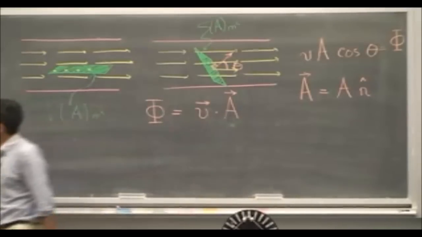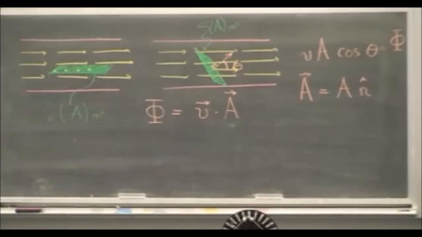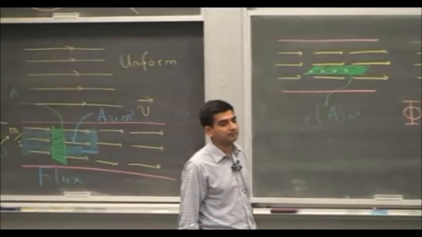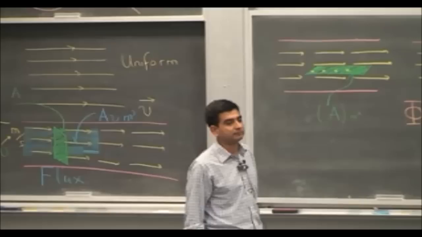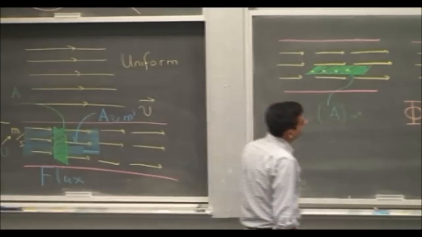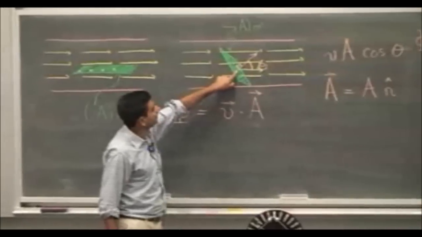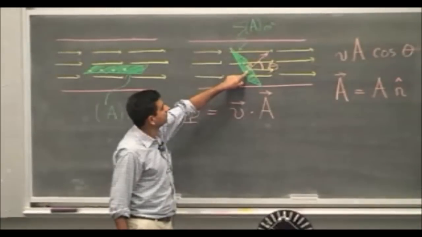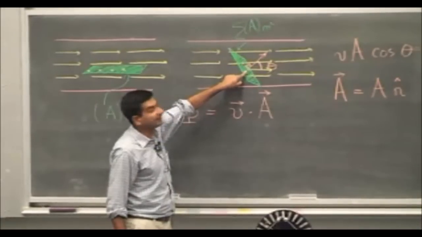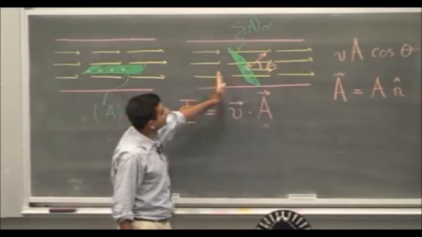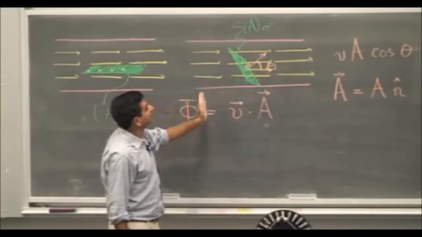Now suppose I have this situation. If I take this to be the angle, and if the river flows in the opposite direction as well, the river flows in the same direction, alright.